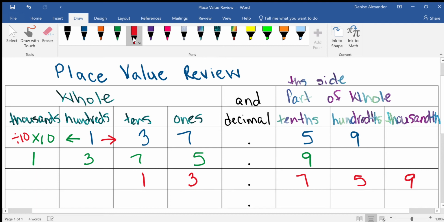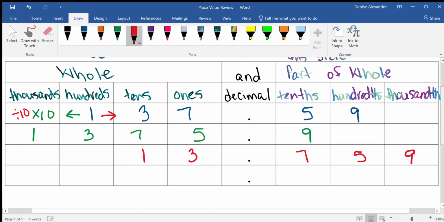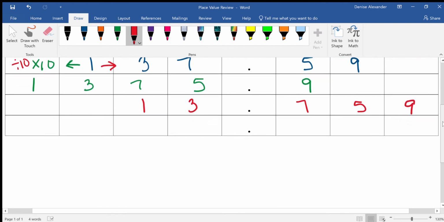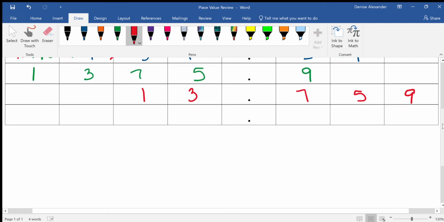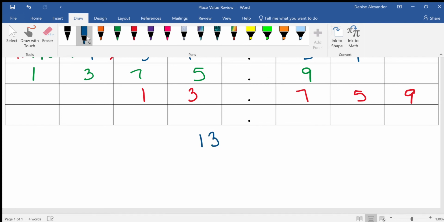These are my digits. Now, let's look at what the decimal looks like it's doing. Remember, we're usually just moving our place value. But let's start with my number. I had 137 and 59 hundredths. I'm just going to write this 3 times, you guys, so that I remember what it looks like.